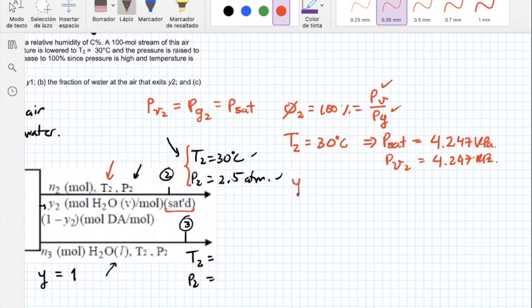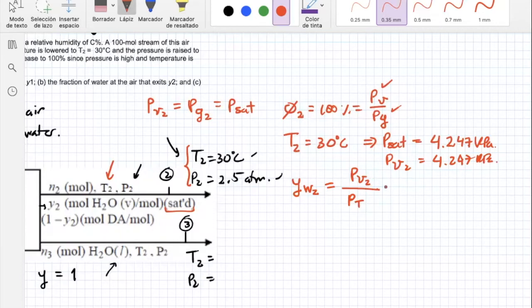Now, in order to find y, this is important. The molar composition of water at 2 is easy to find because I already know how much push the vapor is doing to the walls of the pipe of the stream, divided by total pressure. So it's basically how much water I have at 2 relative to the total pressure.